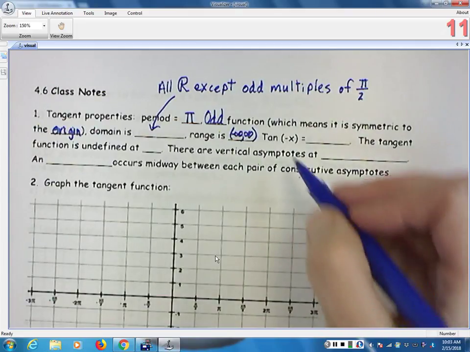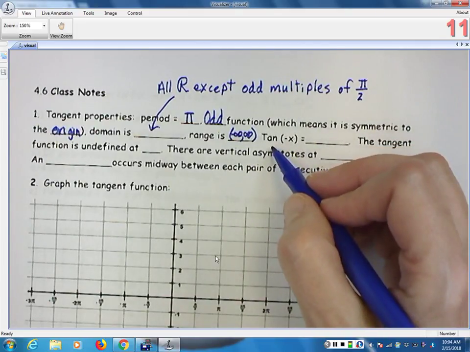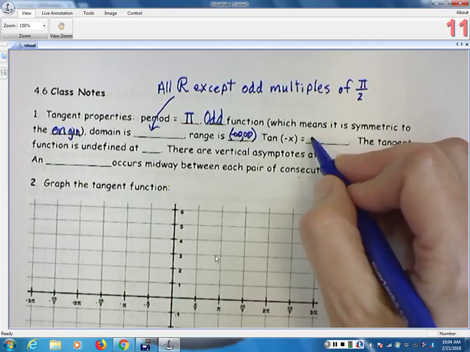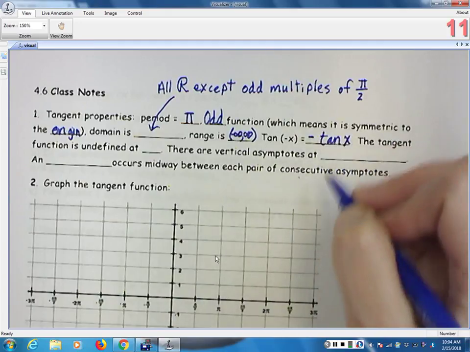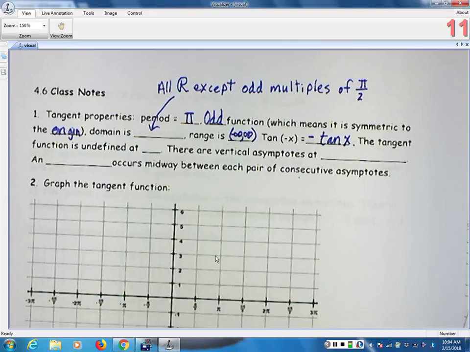Since it's an odd function, tangent of minus x will equal minus tangent of x. And sometimes we need to use that to simplify things. We don't want to work with negative angles, so we would always rewrite it if we had a negative angle.